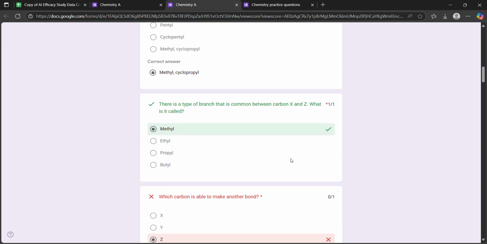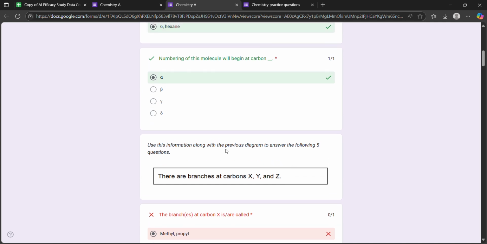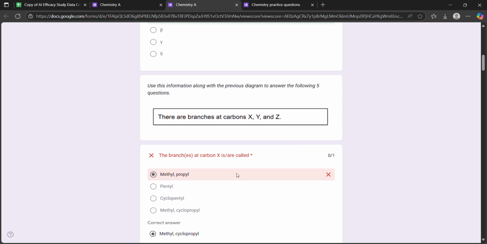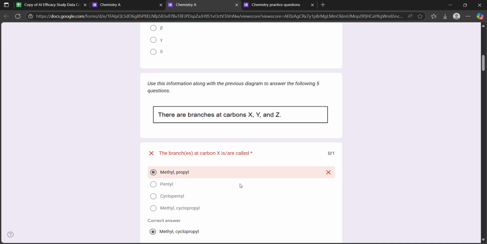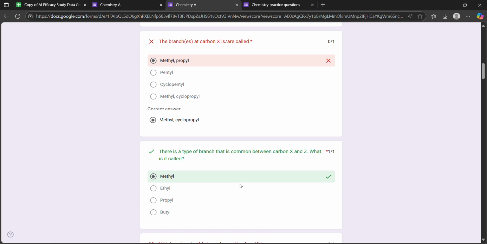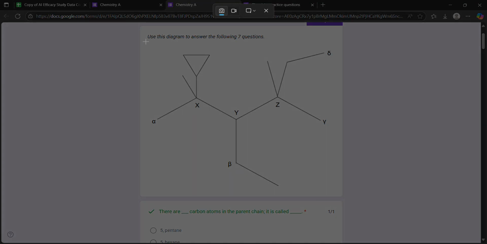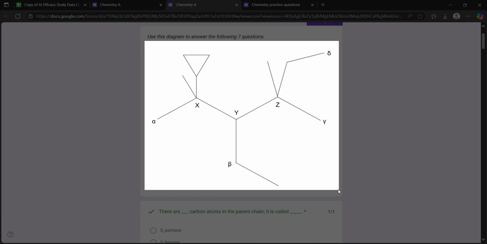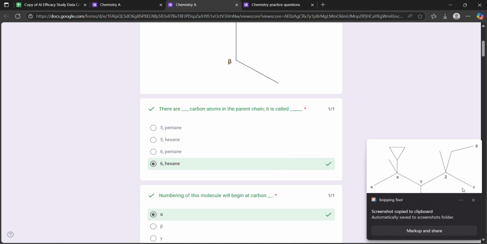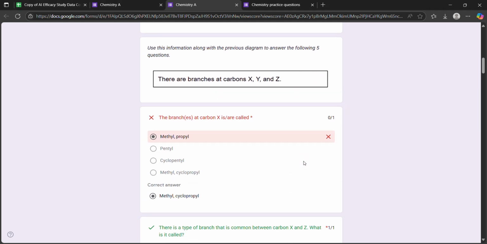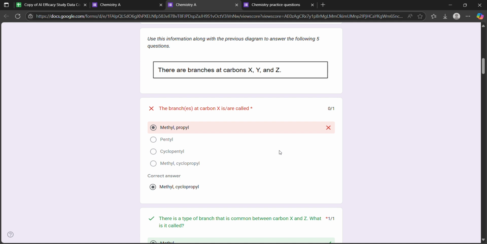Now what we are basically going to do is Google search the questions that I have performed incorrectly and try to get an idea. First we need to use this image, so let's take a screenshot. The first question that we did wrong was: the branches at carbon X are called.